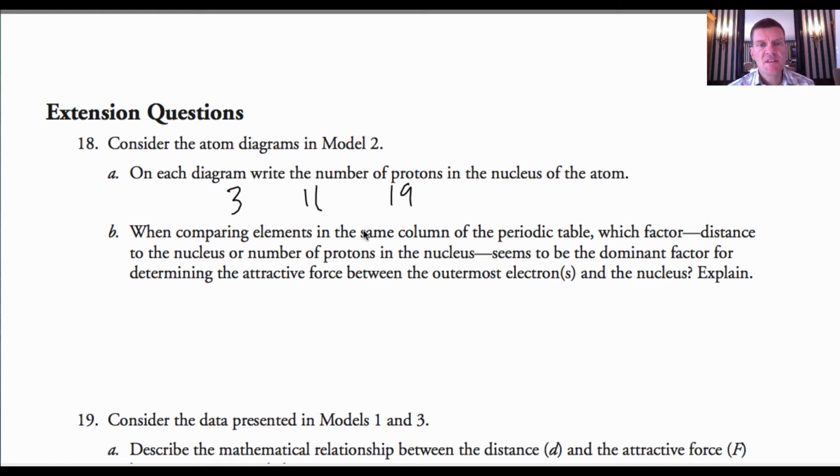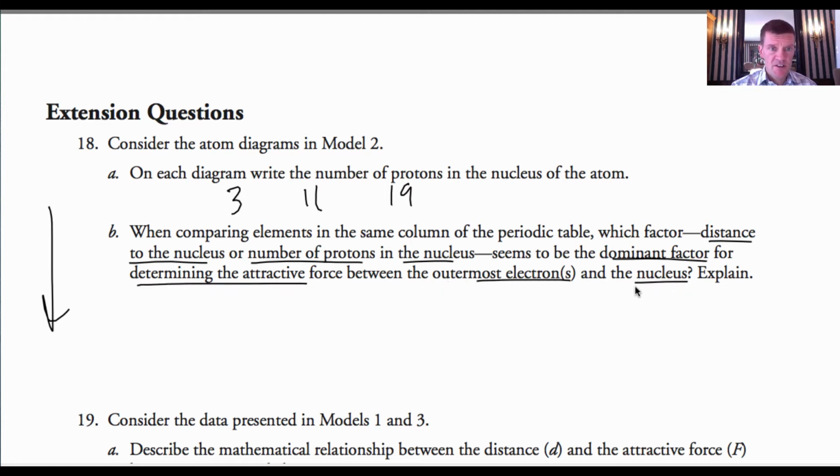When comparing elements in the same column of the periodic table, which factor, distance to the nucleus or number of protons in the nucleus, seems to be the dominant factor for determining the attractive force between the outermost electrons and the nucleus? So we already talked about this.